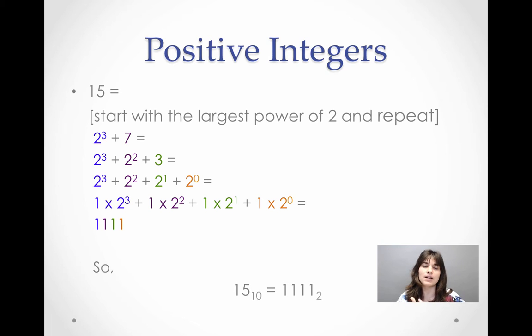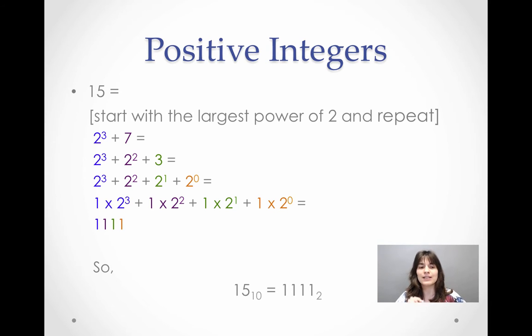Now we try to express 7 as a power of 2. How can we express it like that? It is 2 to the power of 2 plus 3. Then we try to express 3 as a power of 2, which is 2 to the power of 1 plus 2 to the power of 0. So by now we have written 15 as a sum of powers of 2.